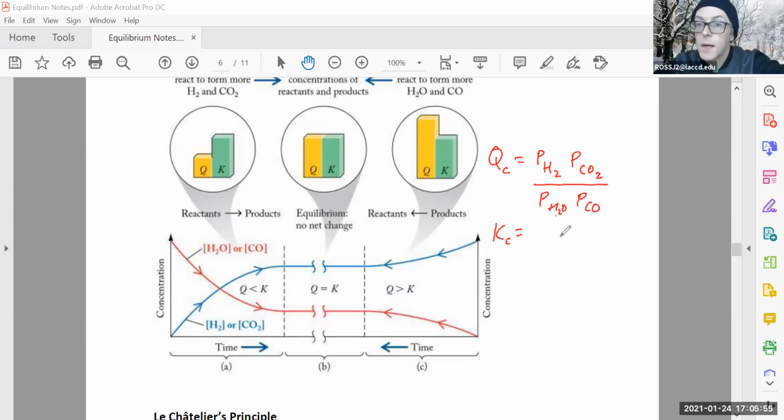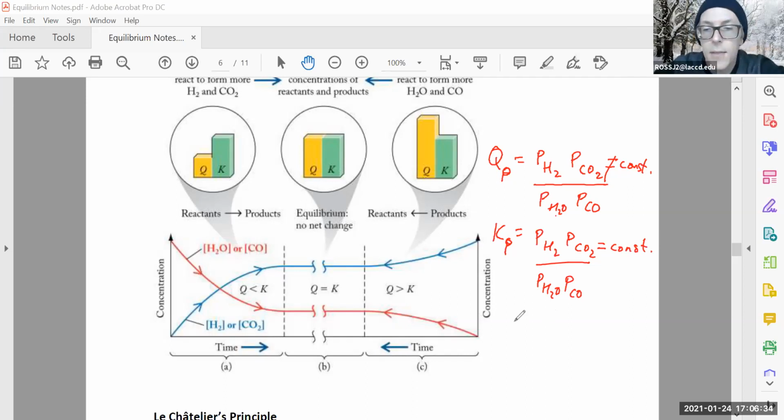You could write that, but that is not a constant value because it's Q. And I guess it's QP, not QC. If we wrote KP, this would be the partial pressure of H2, the partial pressure of CO2, the partial pressure of H2O, the partial pressure of CO. So whereas Q is not a constant, K is a constant.